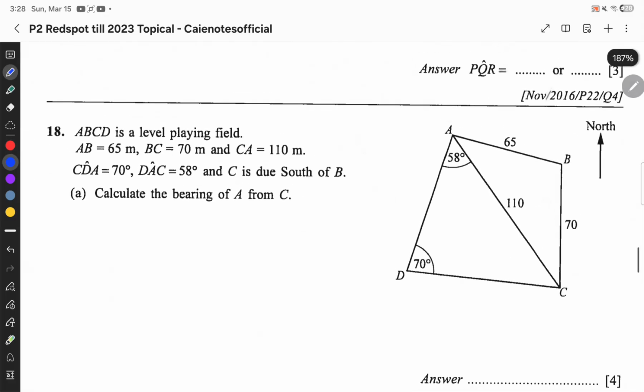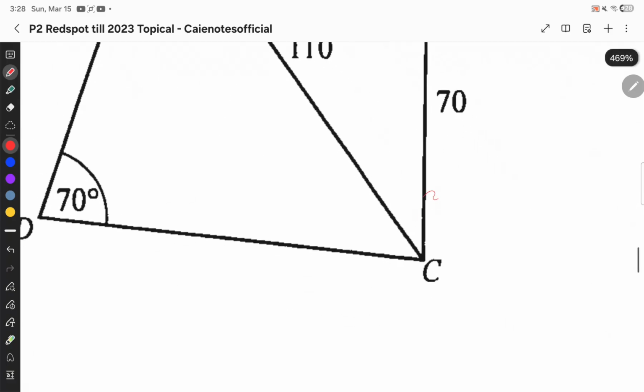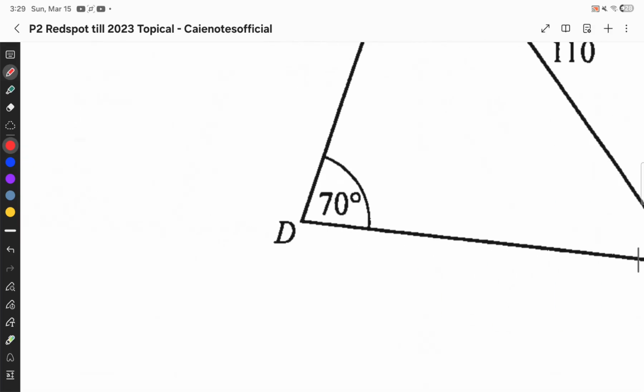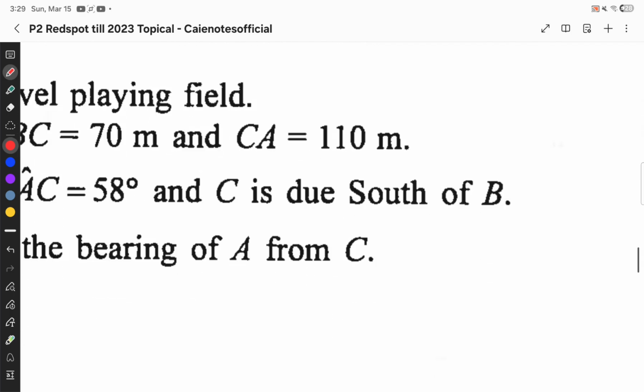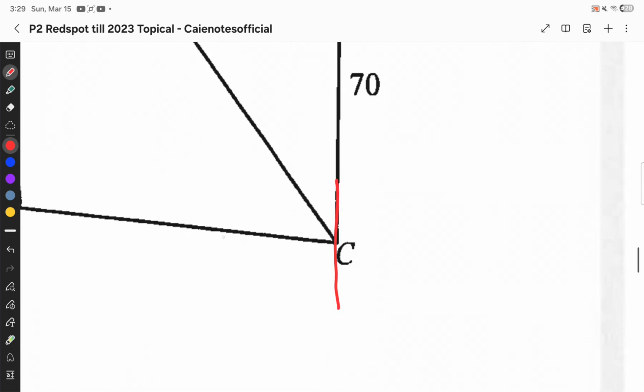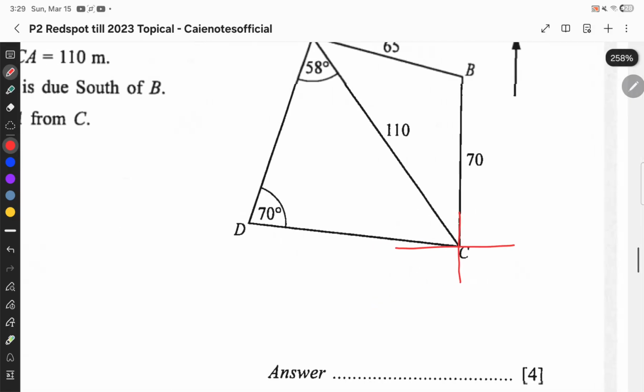Calculate the bearing of A from C. So let's stand at C. Remember, you got to know English really well. Sometimes they may word it a little differently, so the letter you got to start at first is the first one that they say.